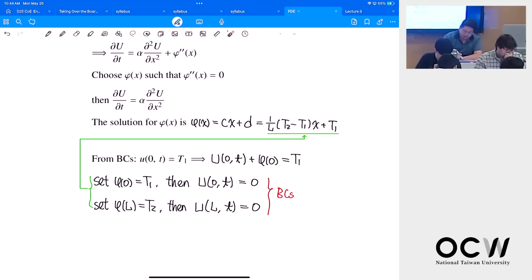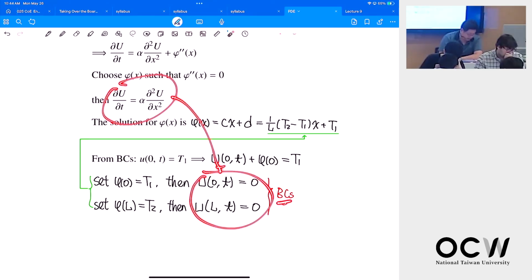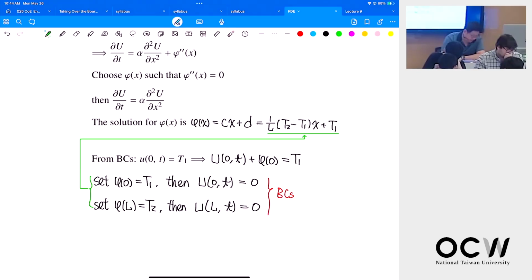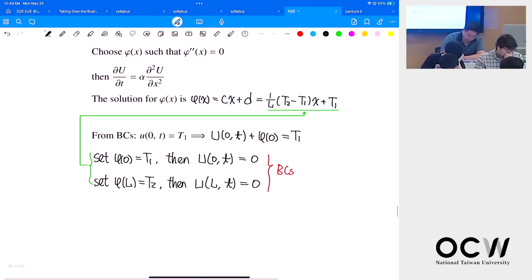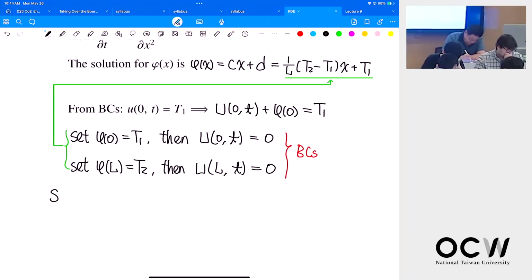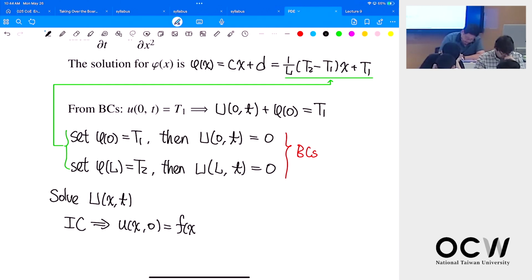Okay, so now we can deal with the capital U with these boundary conditions. And we can also find the initial conditions. So to solve the capital U, let's see the initial condition. In the beginning, the initial condition at time 0 is f of x.